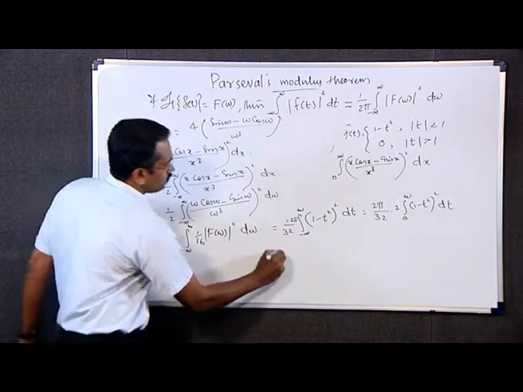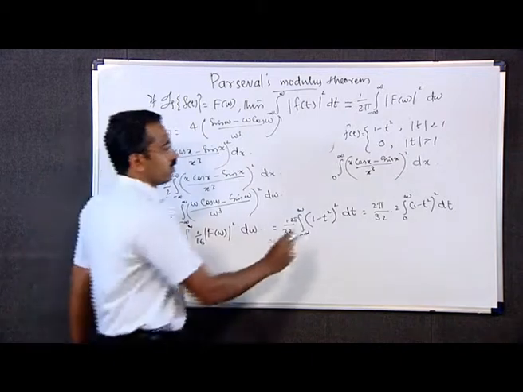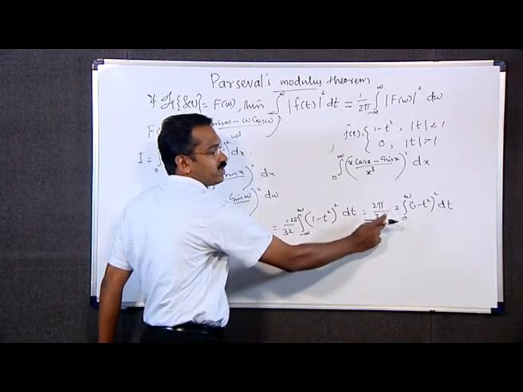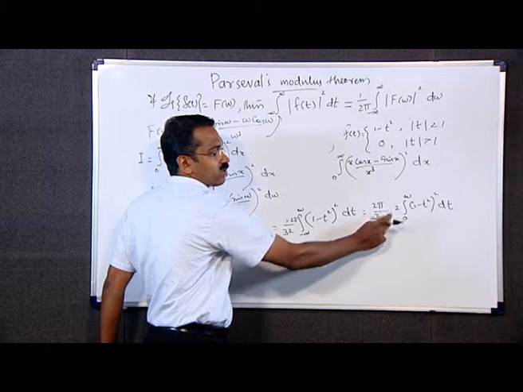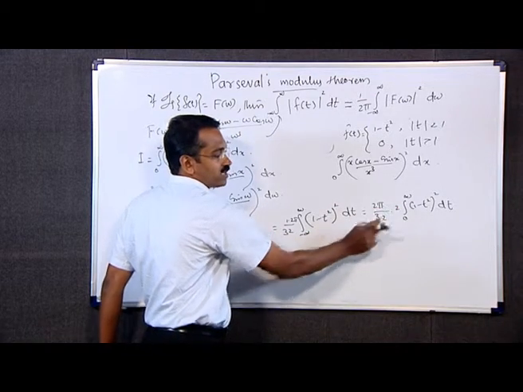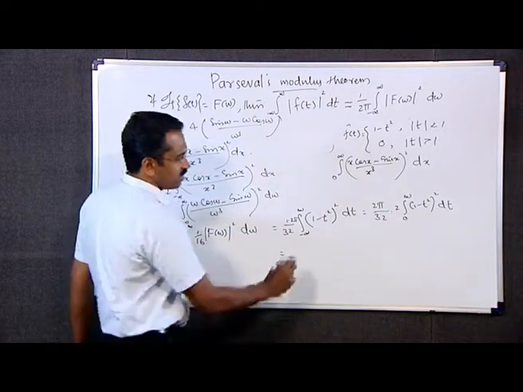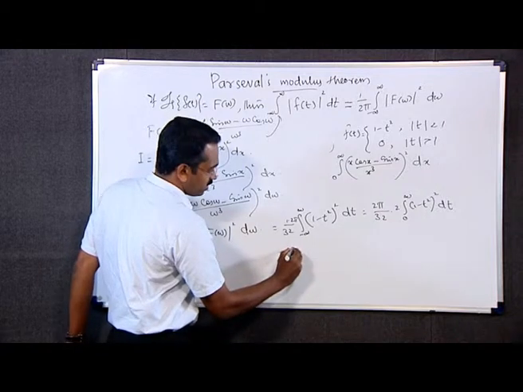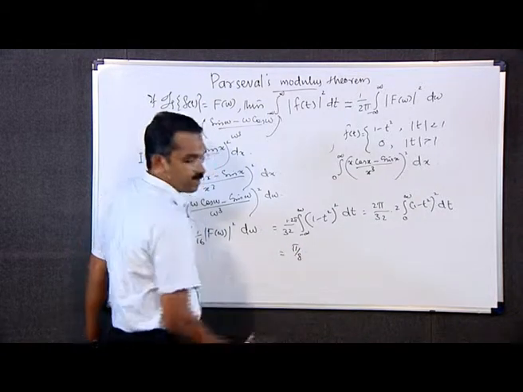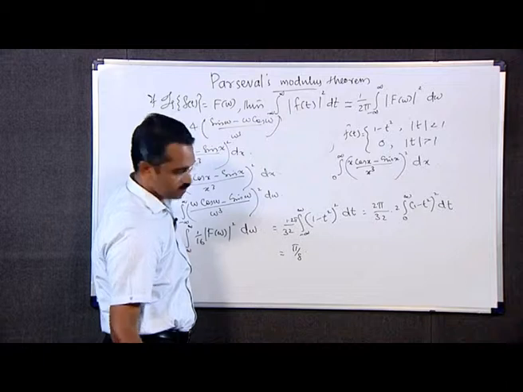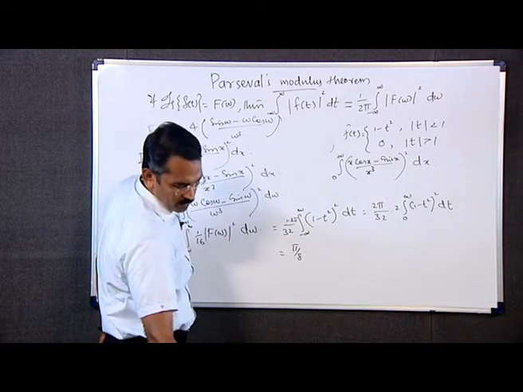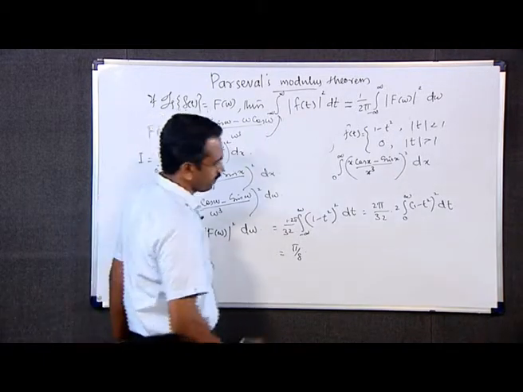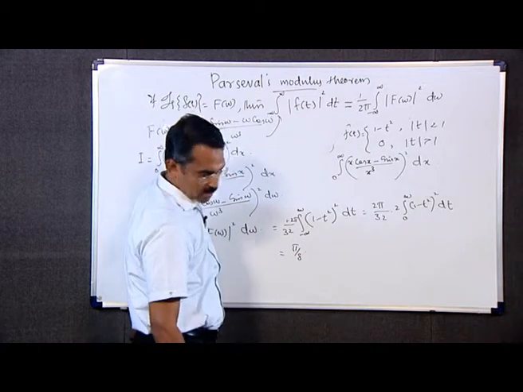That is equal to, here 2 by 32 means 1 by 16, then 2 by 16 means 1 by 8, that is pi by 8 into integral from zero to infinity.